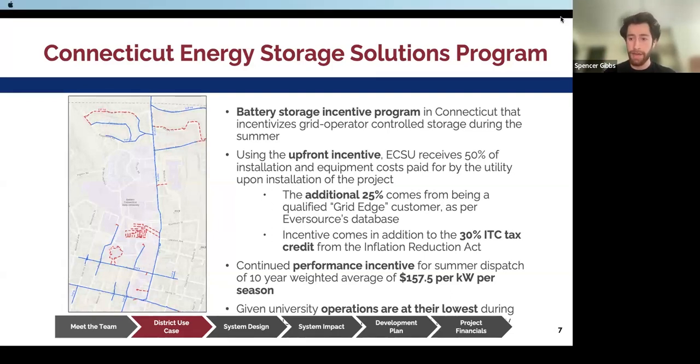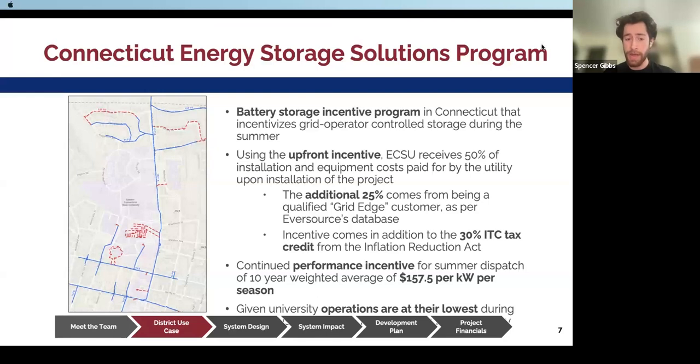So we would be getting a 50% upfront credit from that 25% base and the 25% grid edge, and that would be on top of the 30% ITC credit for battery storage from the Inflation Reduction Act. So that would come to a total of 80% upfront costs being handled through incentive structures, which is really key to our financials, as Dale will explain a little bit later in the presentation.